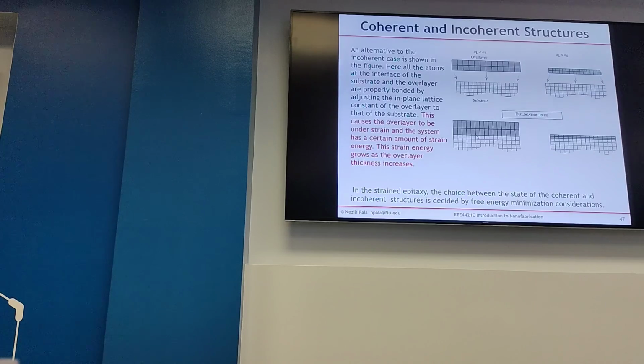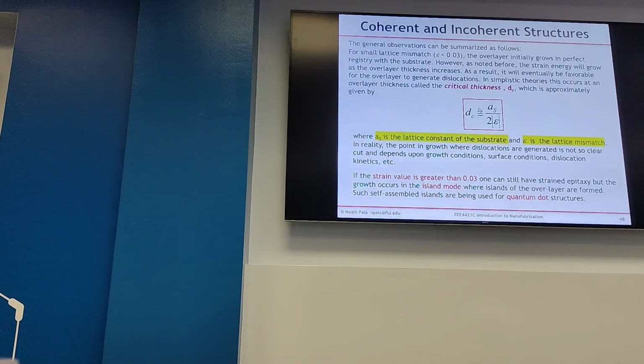That will result in a built-in strain on the overlayer, and of course also on the surface of the substrate, but more so in the overlayer, the epitaxial layer. And if you grow a thick material, eventually it will result in strain relaxation and some defects. But if you can accommodate, then you will have a perfect layer. So as long as it's below a critical thickness, this is coherent strained growth. Okay.